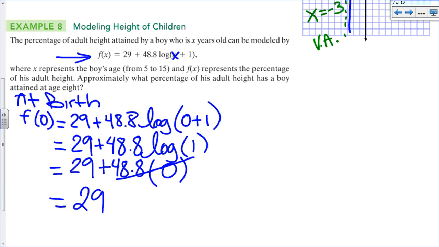But it'd be huge if it was like... Yeah. Because the average is 19. But this is from age 5 to 15. No, but that is at age 0. Oh, okay, I get you. So the function can only be used from age 5. Okay, sorry. So then x equals 0 is age 5. Yeah, that would be a huge baby. You don't want to have a baby that size.